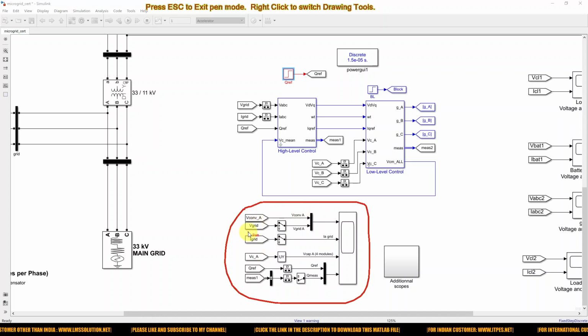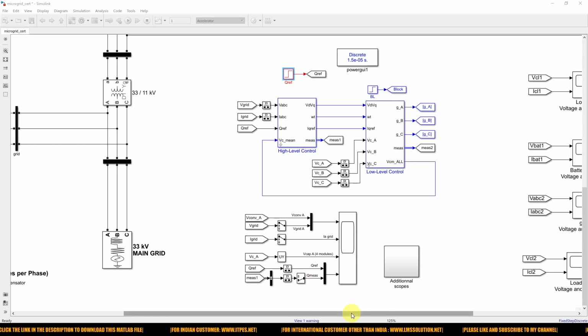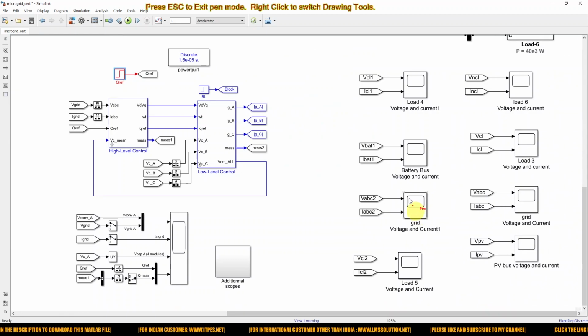That means we can see the grid voltage, grid current, the first converter's full bridge MMC voltage, the Q reference, and the actual reactive power. Everything you can see in this scope. Here you can measure the load 4 voltage and current, load 6 voltage and current, and the battery bus, that means the grid connected battery voltage and current, and the load 3 voltage and current.